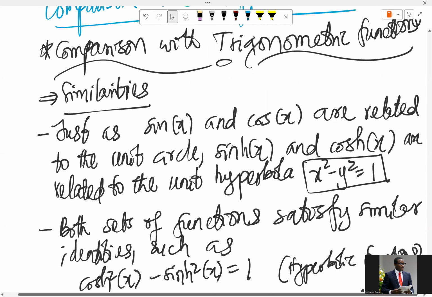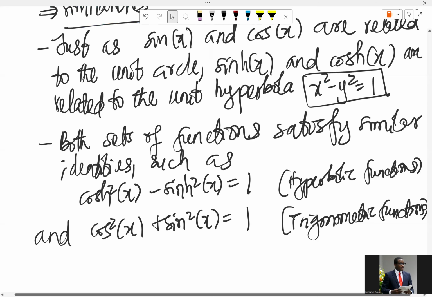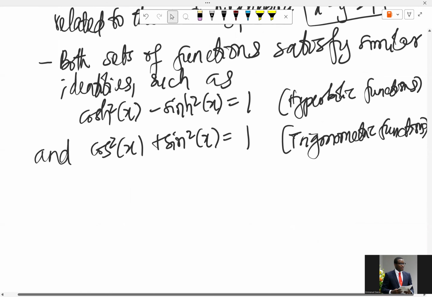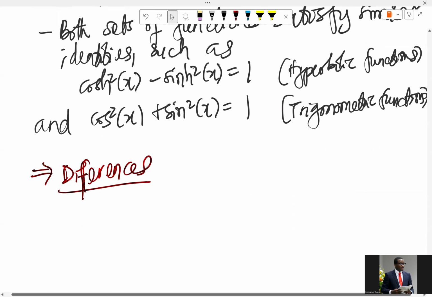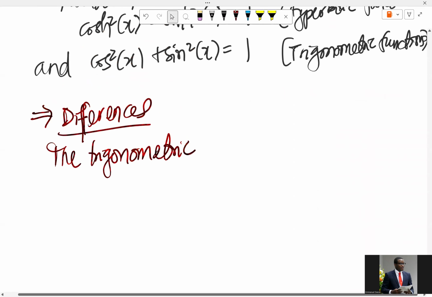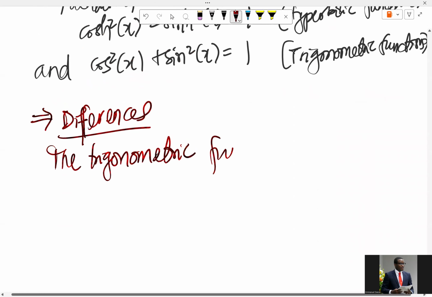So let's talk about their differences now. Okay. The trigonometric functions are periodic. They are periodic.